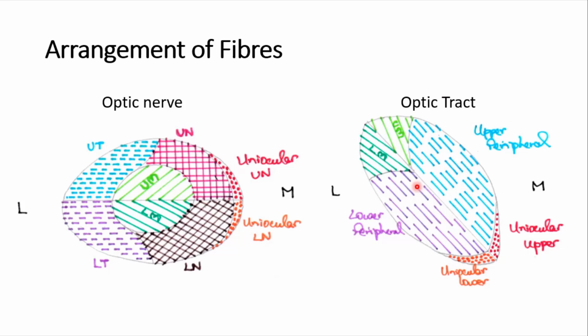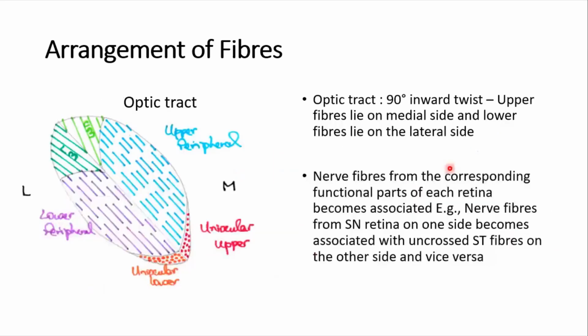Now, going posteriorly from the chiasma, next we have the optic tract. Here, the difference is there is a slight inward twist of the nerve bundle. So whatever was there superiorly will become superomedial.